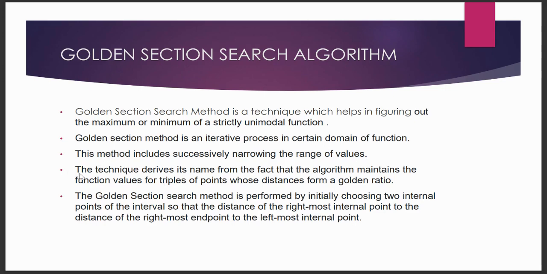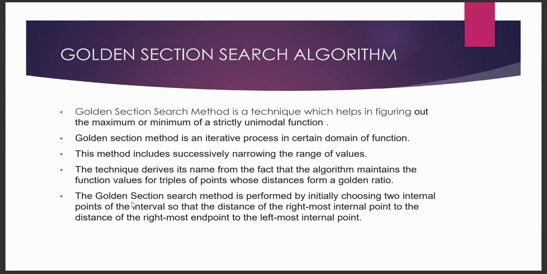As you see in the fourth point, the technique derives its name from the fact that the algorithm maintains the function values for triples of points whose distances form a golden ratio.